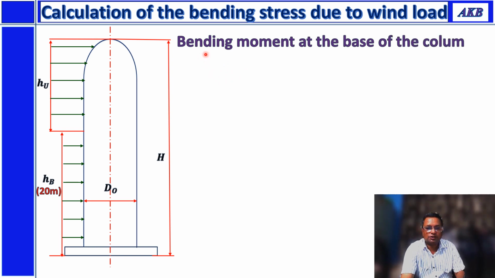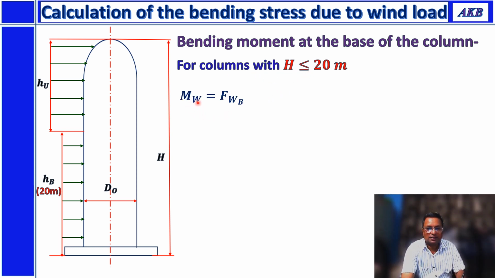Now let us talk about the bending moment, calculation of bending stress due to wind load. The bending moment at the base of the column is given as follows. For columns whose height is less than or equal to 20 meter, the bending moment will be given by this equation: Mw is equal to Fwb into h by 2.